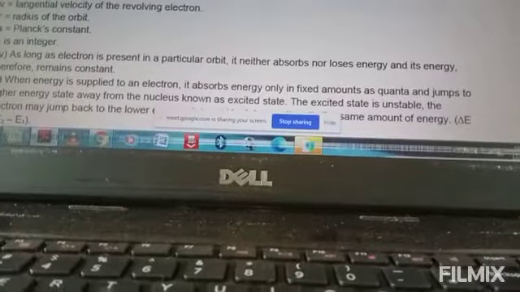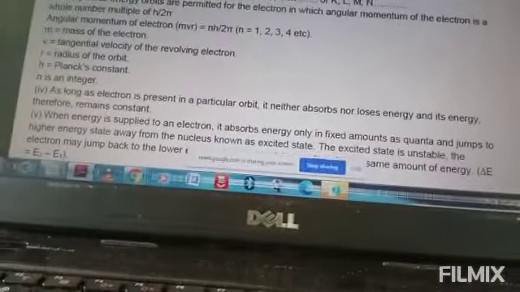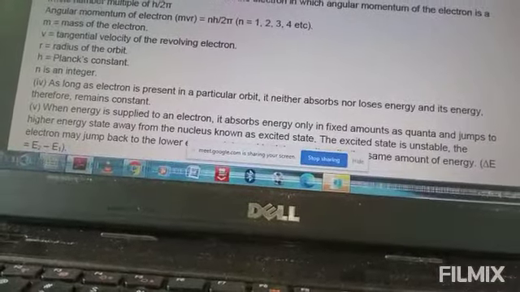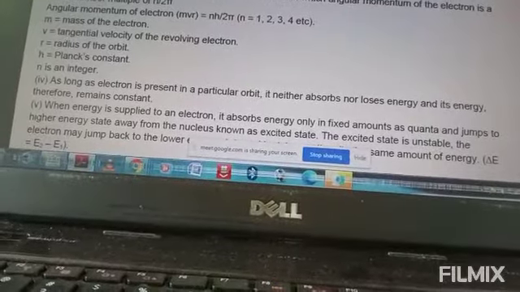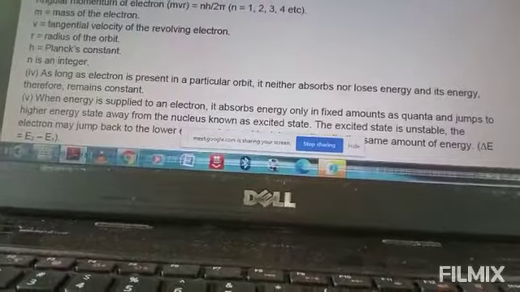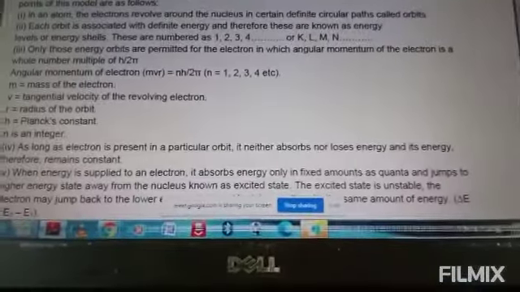If l equals 0, the subshell is s. If l equals 1, the subshell becomes p. If l equals 2, the subshell is d. If l equals 3, then we call it an f subshell.